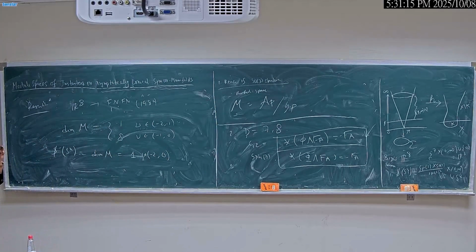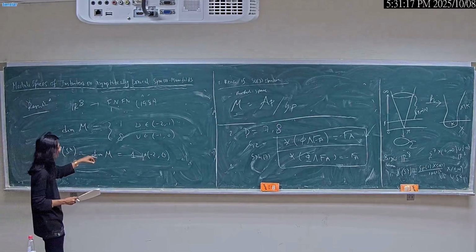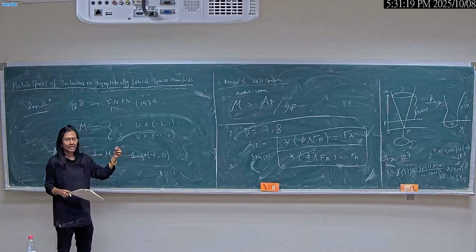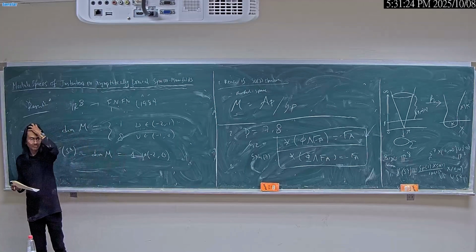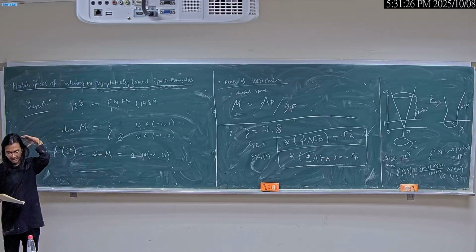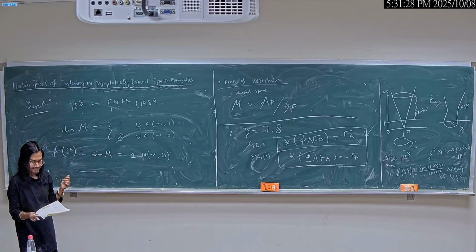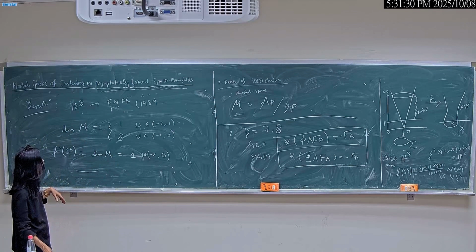If you look at the expression of the instanton, you will see a one-parameter family, and that's what gives you the one-dimensional moduli. So that's the result.